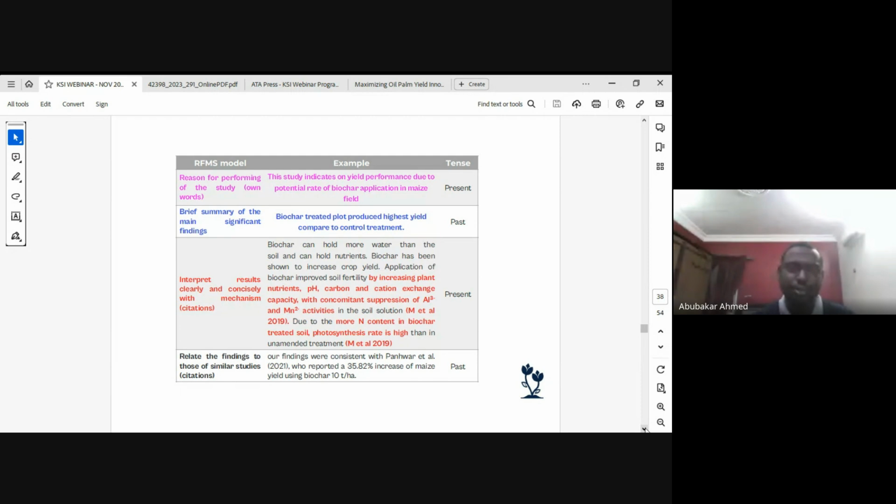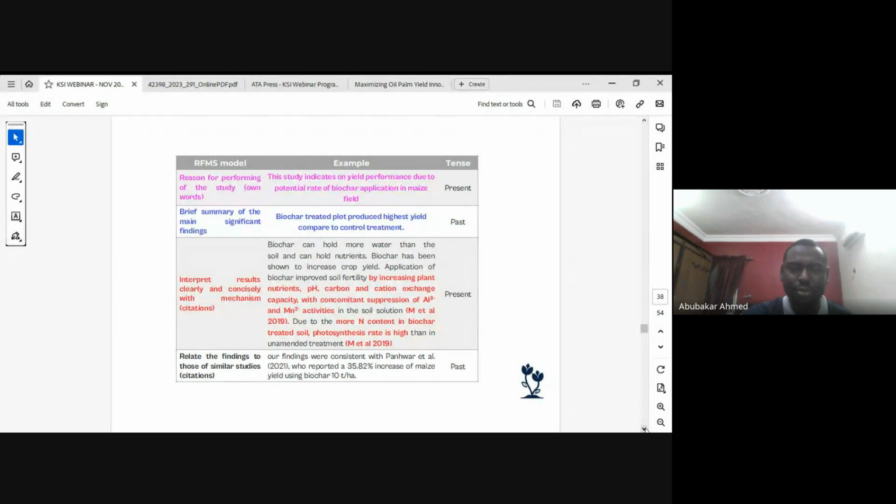For example, biochar can hold more water than the soil and can hold nutrients. Biochar has been shown to increase crop yield. Application of biochar improves soil fertility. The interpretation, by increasing plant nutrients, pH, carbon, and cation exchange capacity, should be in present tense.